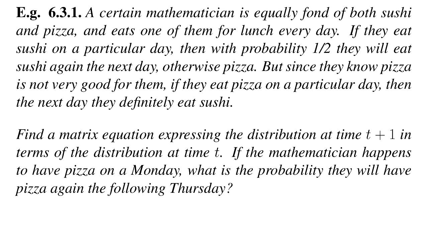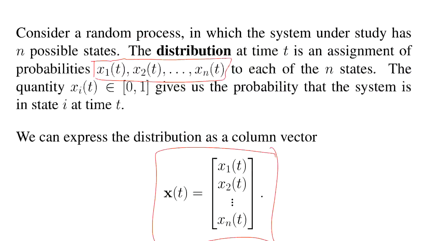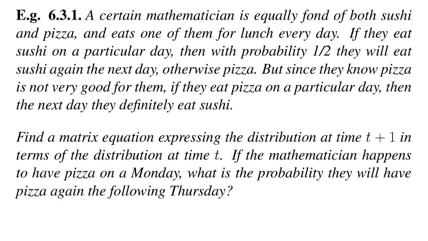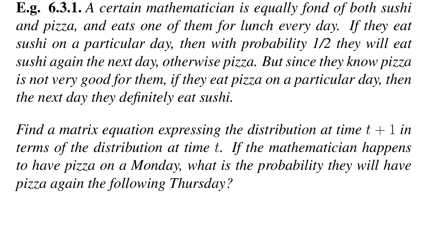So if we're trying to think of probability vectors, we're going to have n equals 2 here, right? And we're going to try and understand how this evolves with time. Because even though the choice of what this mystery mathematician has for lunch is random, it's not completely independent of what they did the day before. So the rule is, if they eat sushi on a particular day, then on the next day they eat sushi again with probability of half, or they have pizza with probability of half.